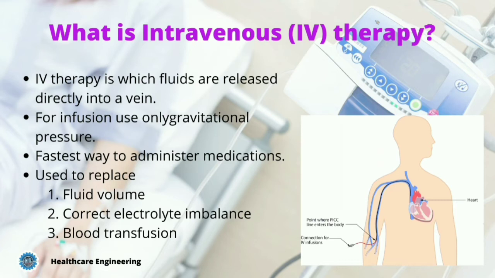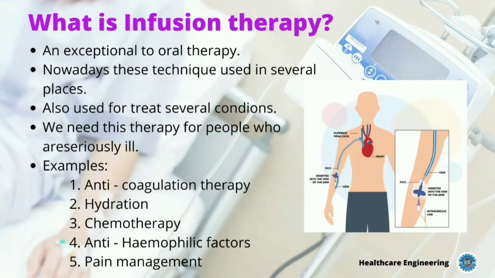The intravenous line is the fastest way to administer medications and replace fluids throughout the body because they are introduced directly into the circulation. Intravenous therapy can be used to replace fluid volume, correct electrolyte imbalance, for medication administration, and blood transfusion.